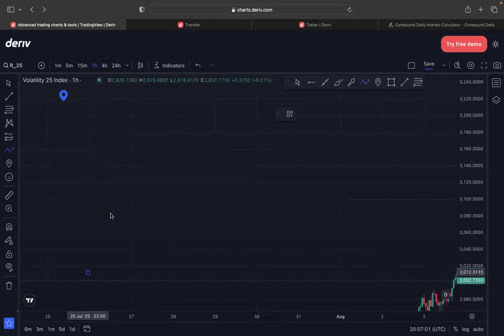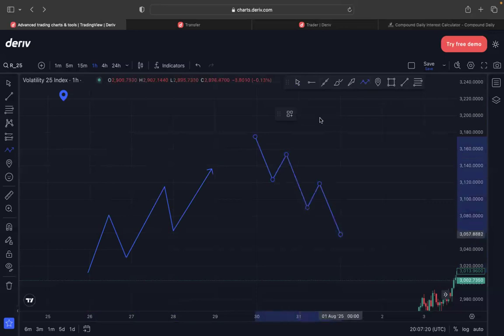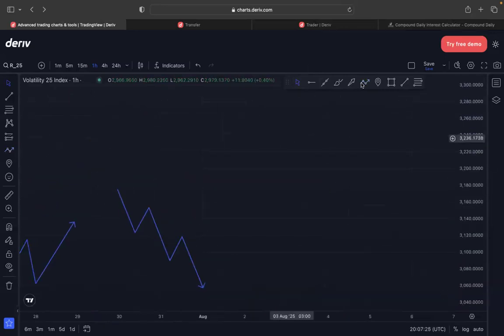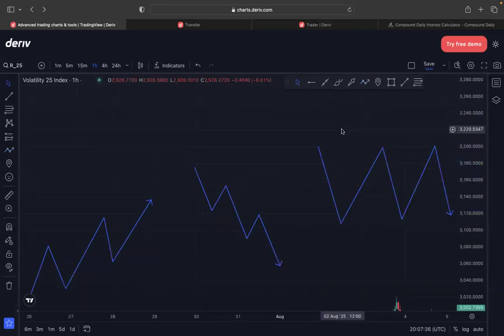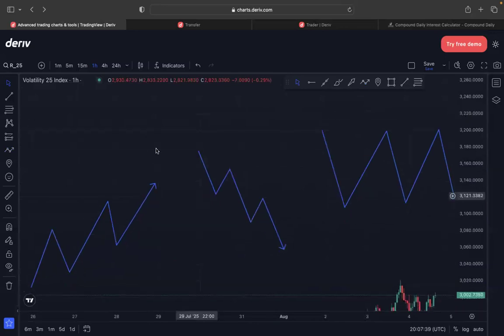It's either going up like this, or it is going down like this, or it is going sideways like this. Guys, these are the three ways the forex market moves. It's either going up, down, or sideways.